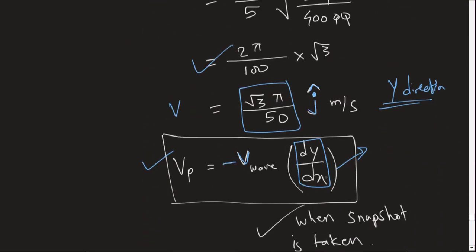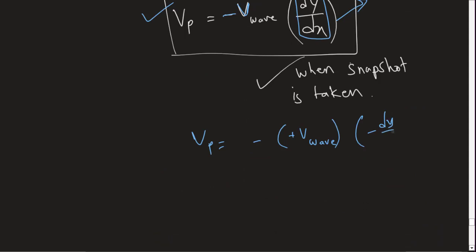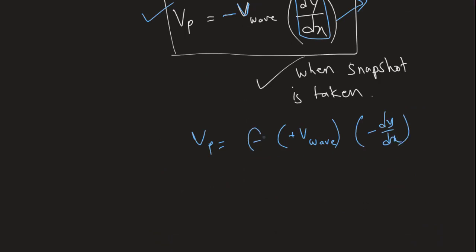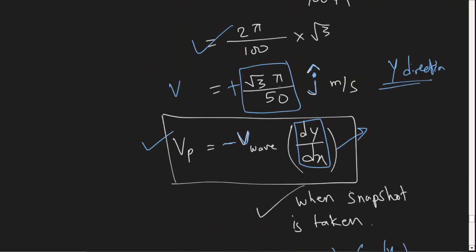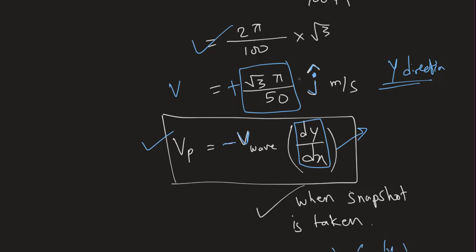So we can say it's a negative slope, dy by dx. So negative negative becomes positive. That means this particular particle will have velocity which is in positive direction, and that's why plus root 3 divided by 50 into pi j cap meter per second, that is the velocity of that particle.